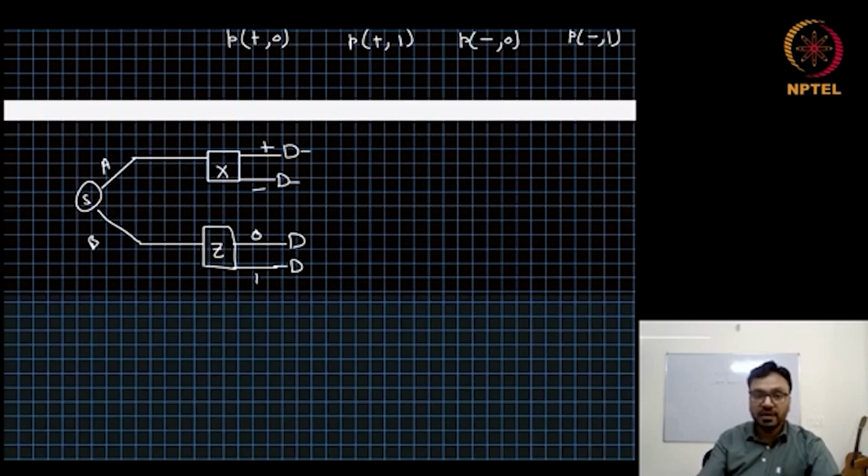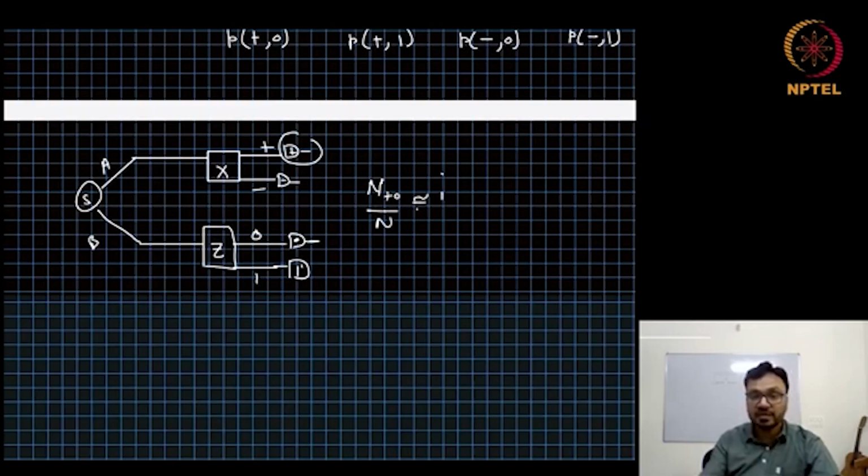So when the plus detector here clicks and the 0 detector here clicks, when plus and 0 detectors click, we take all those incidences when the A and 0 in the B clicks, and let us say it clicks for n plus 0 number of times, and the total number of pairs of the qubits was n.